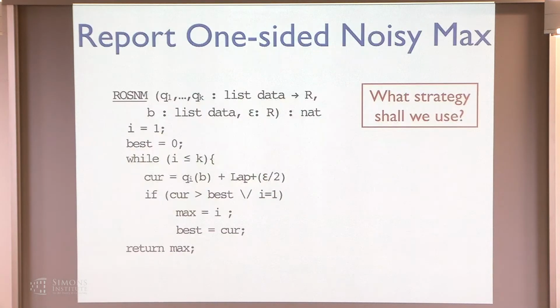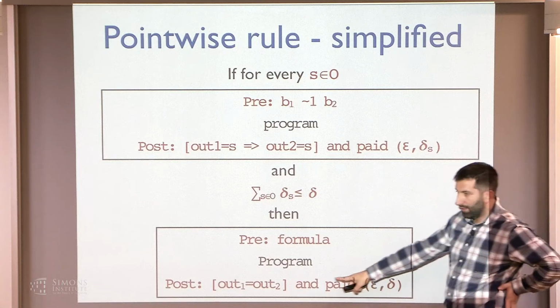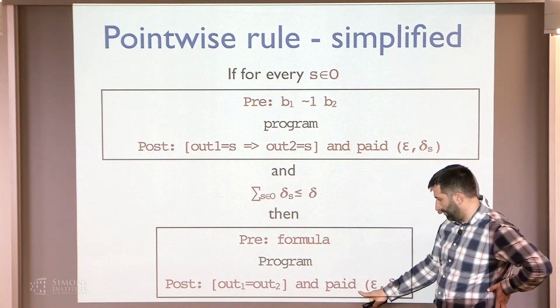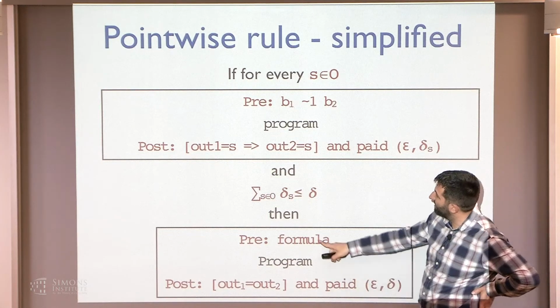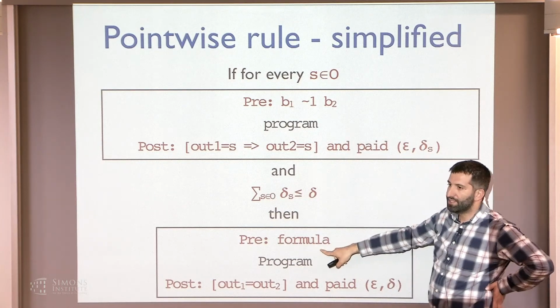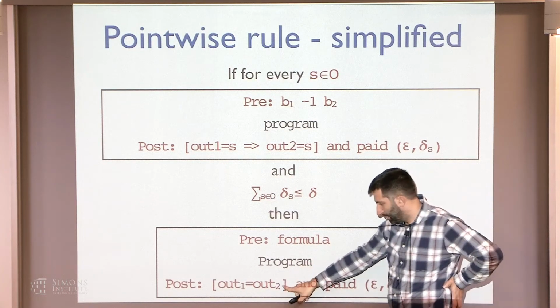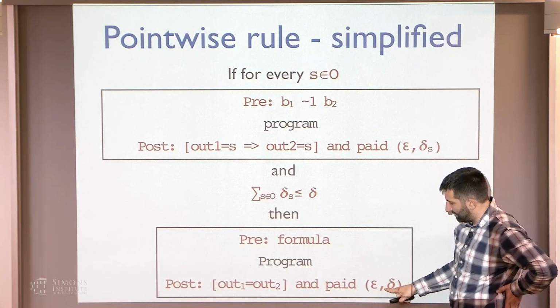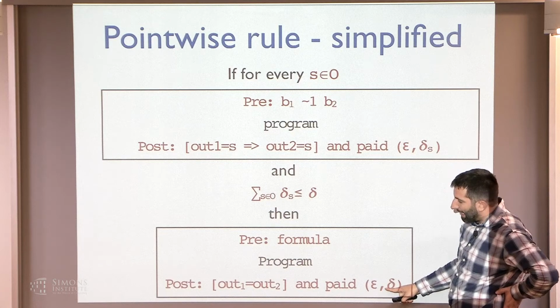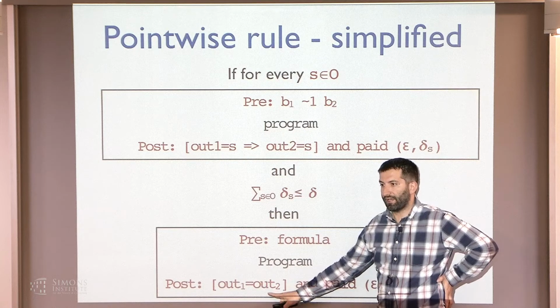Okay, I see it. So let me go back here. Speaking of semantics, what are the semantics? So here we are saying, sorry, this should have been adjacent. So if I'm adjacent and I arrive here, this means that I cannot distinguish anymore the two outputs because they are equal.